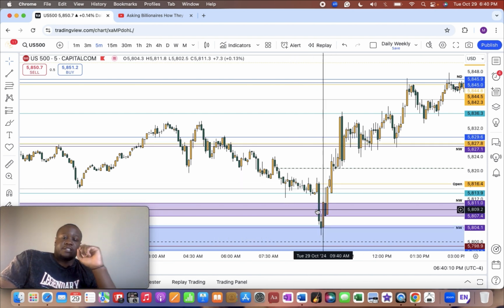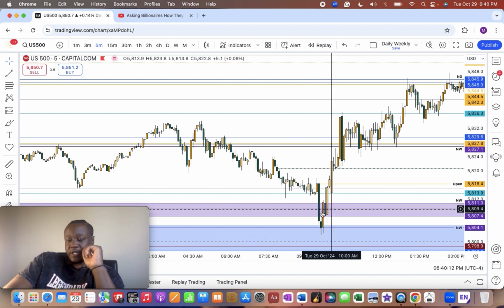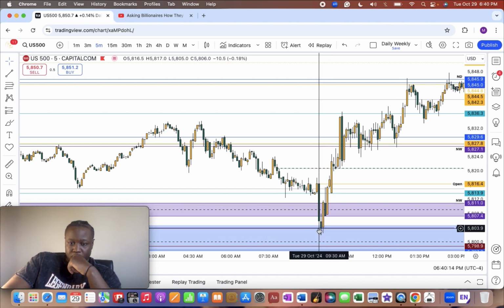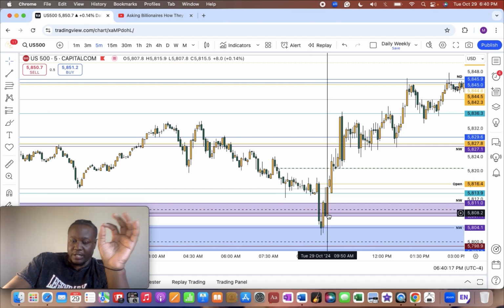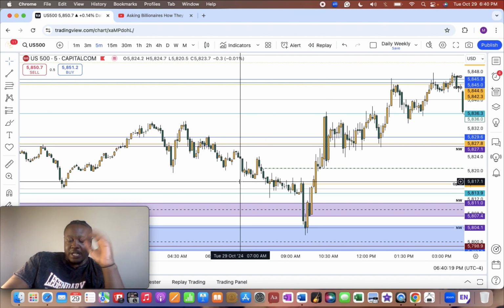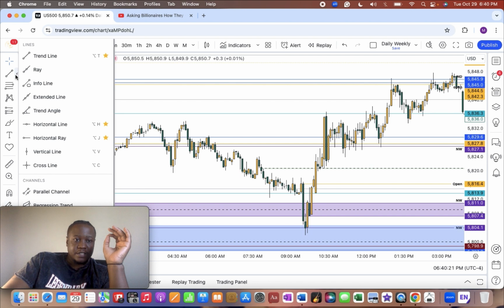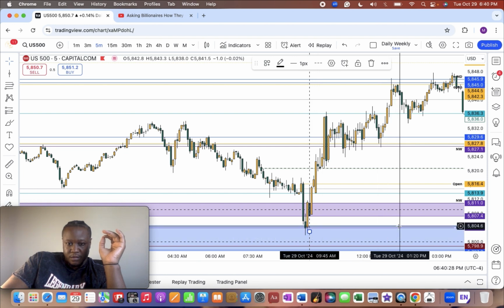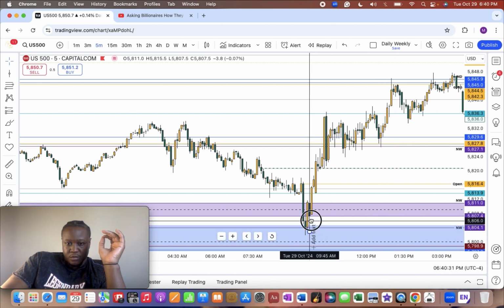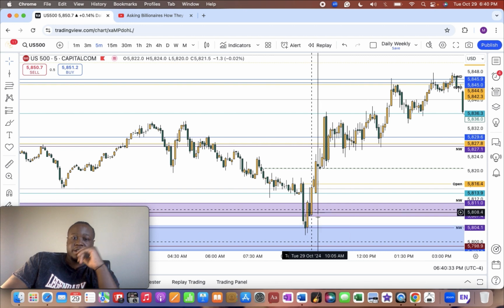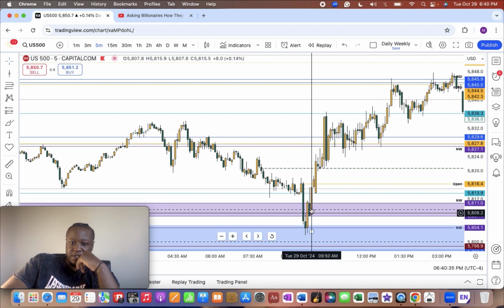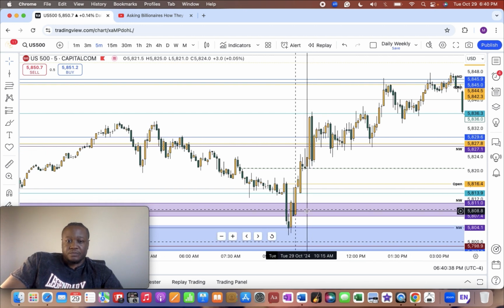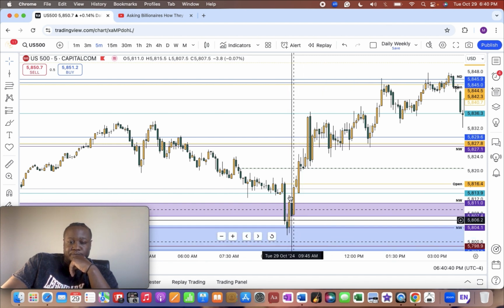So entering at a key level, which is the new week gap or the close, is perfectly fine, but I like to trade at macro times. Like I said, 9:50 to 10:10 would be a macro time. Take my vertical line. So right there, as the market is pulling back, we're still in the previous week's new week gap.